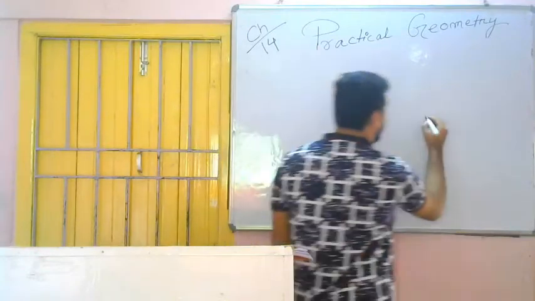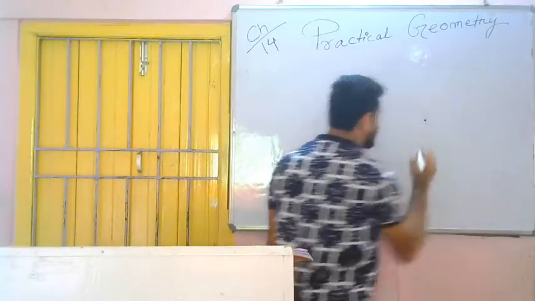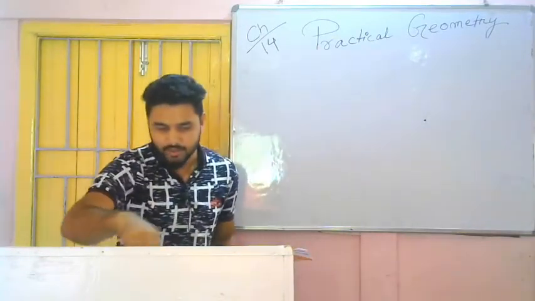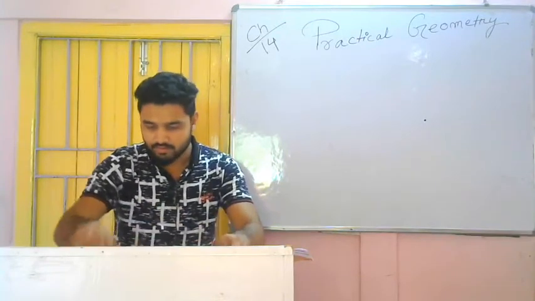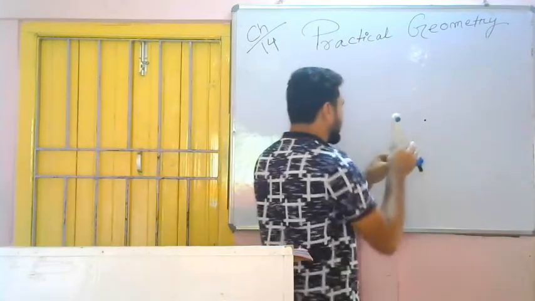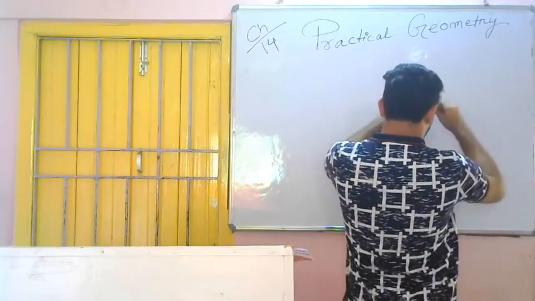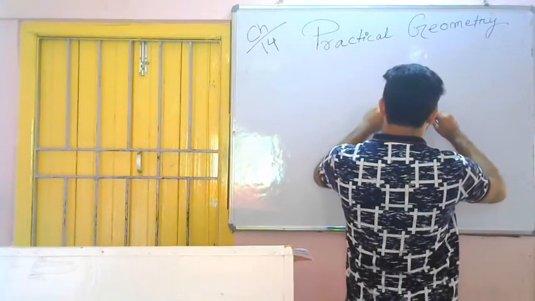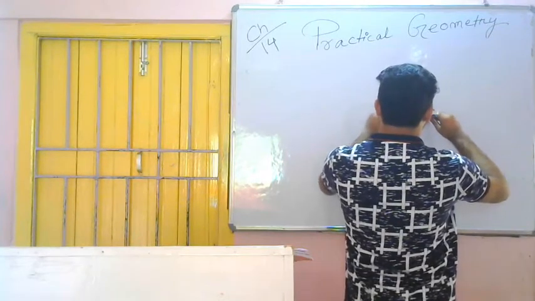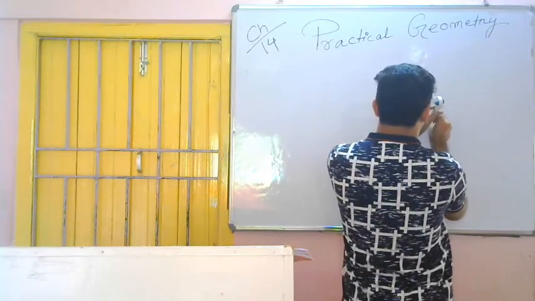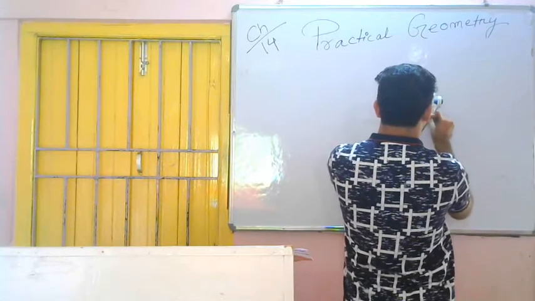First you take a radius like this. Suppose you have taken a radius, okay? Just take this radius, okay? You just draw a circle.